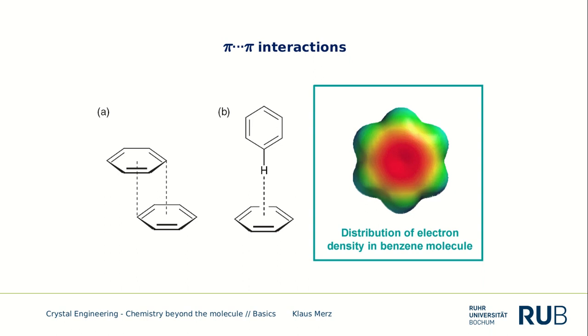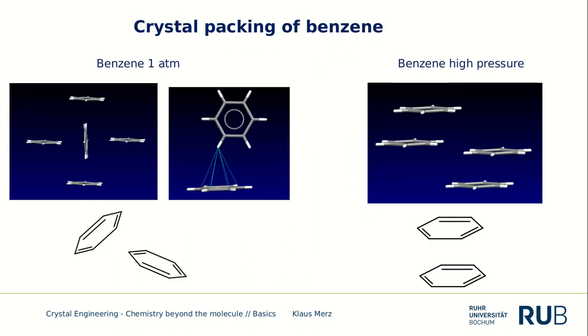The CH group points to the negatively charged ring, so this leads to this very nice system. The distribution of electron density is responsible for these two different types, and you will find both types in molecular structures and also in benzene.